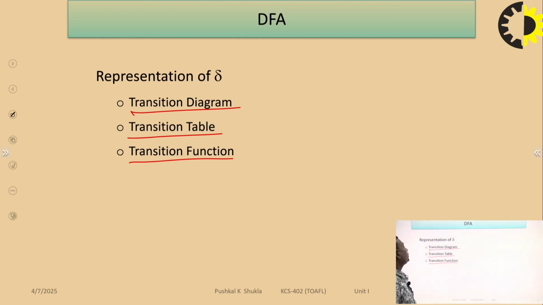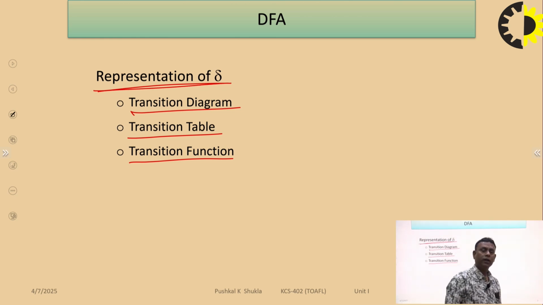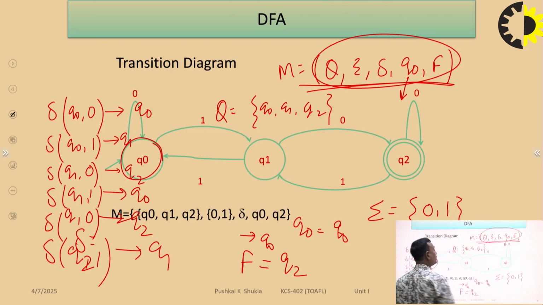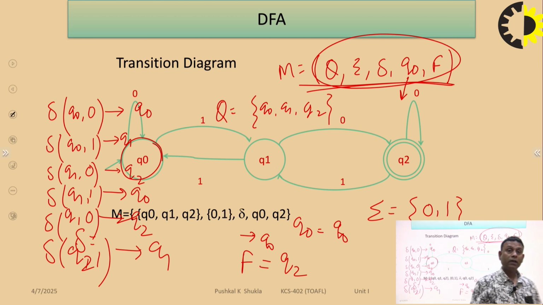Now the representation of a DFA through the transition diagram. This is an example of a DFA through the transition diagram. We represent it diagrammatically.